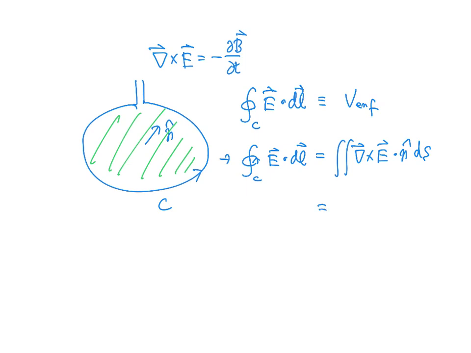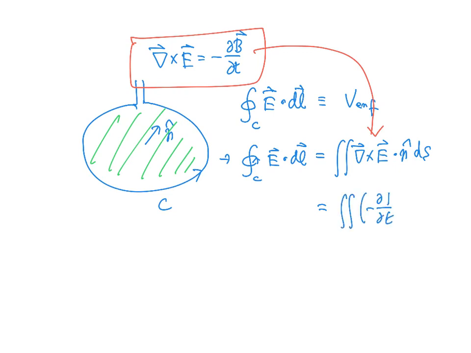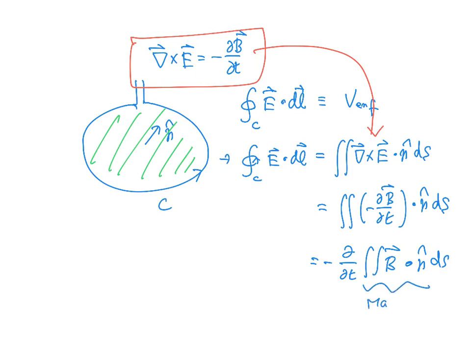Because of this Maxwell's equation, it becomes minus partial B over partial t, dotted with ds. So this is the magnetic flux through C.